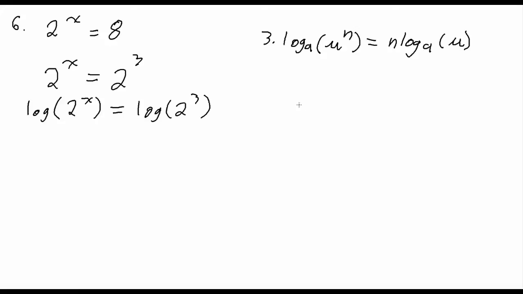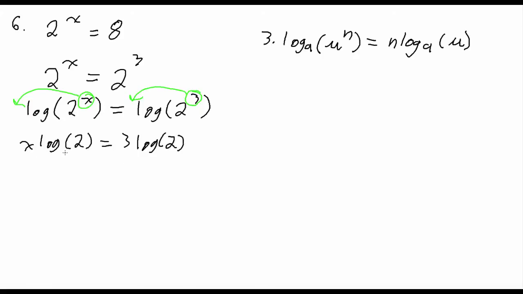Then we can use the third property of logarithms, which I've written up here, which states that you can take an exponent out in front and have it being multiplied by the logarithm. So if we do that to this, take the x out front here, and take the 3 out front here, we get x times the log of 2 equals 3 times the log of 2.